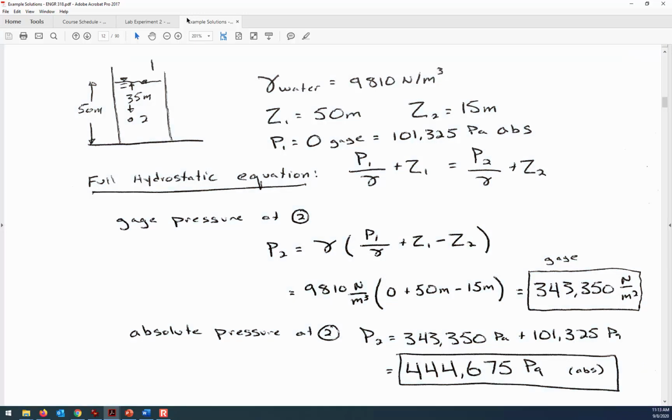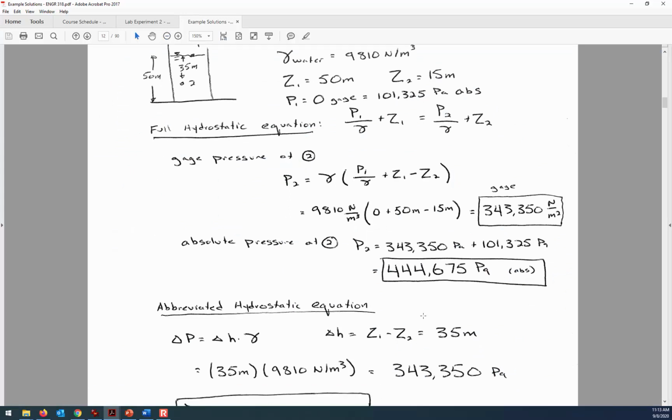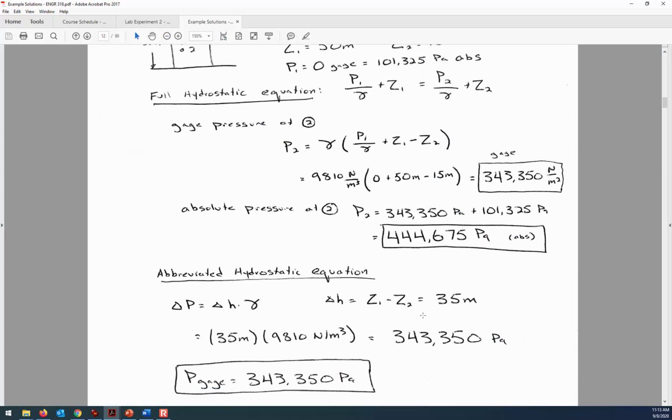Okay, so this is the full version of the hydrostatic equation. For abbreviated, we'll get the same answer, but the application is just that we're going down through the water. So the delta H is talking about how far deep below the water surface is this location of interest. So that's 35 meters. And the unit weight of water is the rate at which pressure is accumulating.